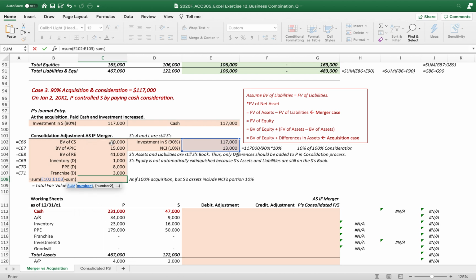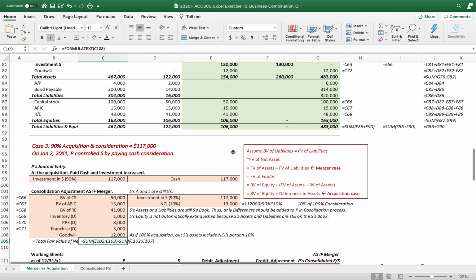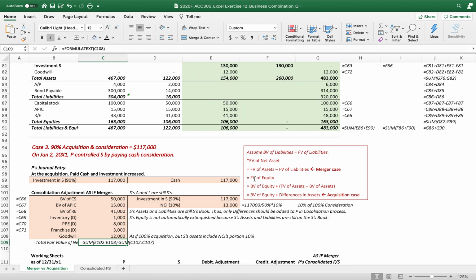The sum of the book value of equity and the differences. As discussed in the previous exercise, the fair value of net asset is equal to the fair value of equity, which is the same as the book value of equity plus the differences. That's why we put this book value.